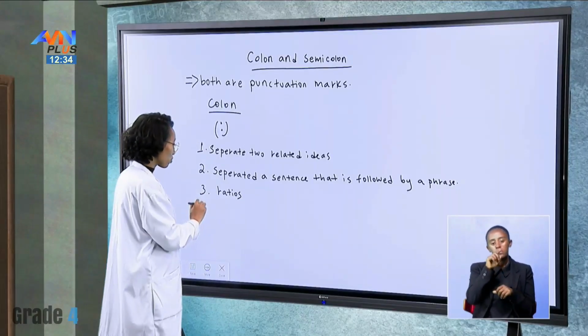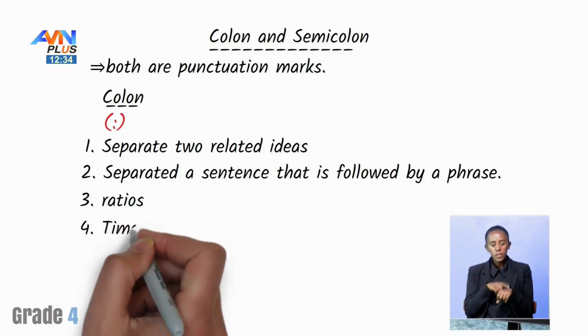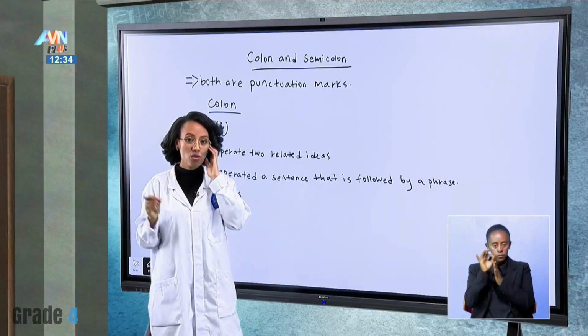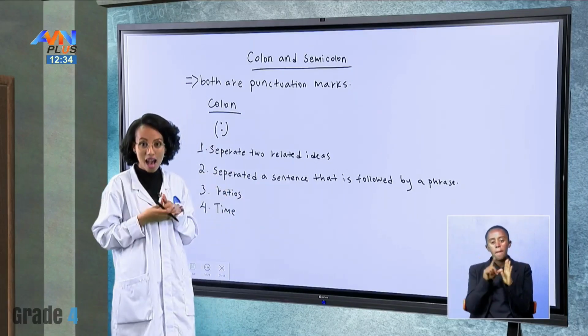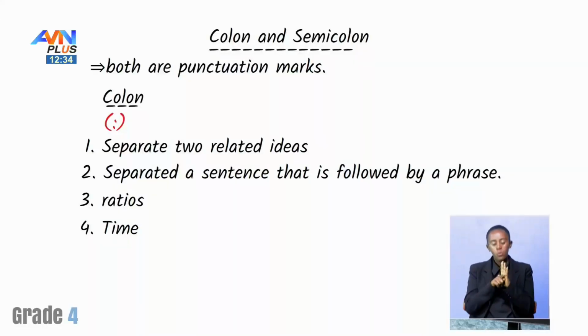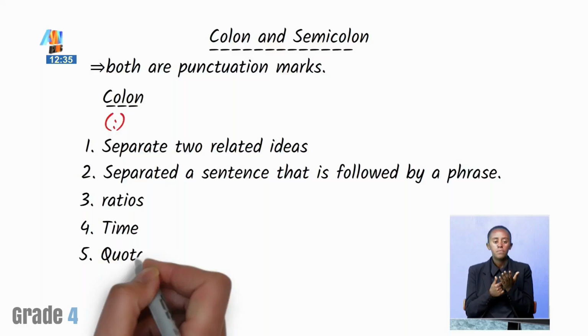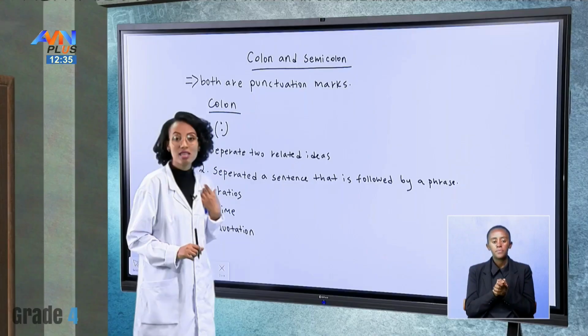We also use it to talk about time. When we are writing the numbers, we use colon to separate the minutes and the hour. What else? We also use it to talk about quotations. Yes?